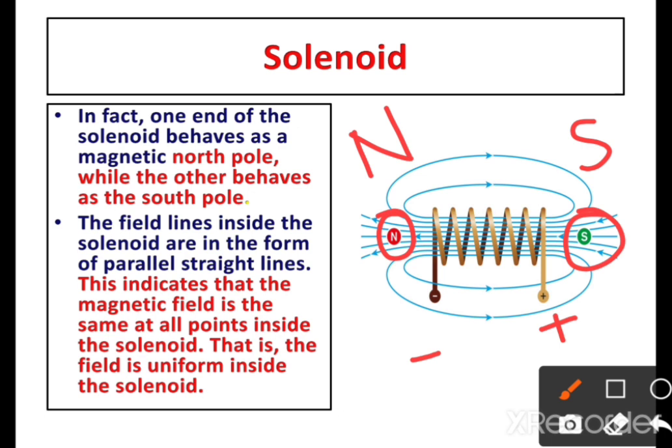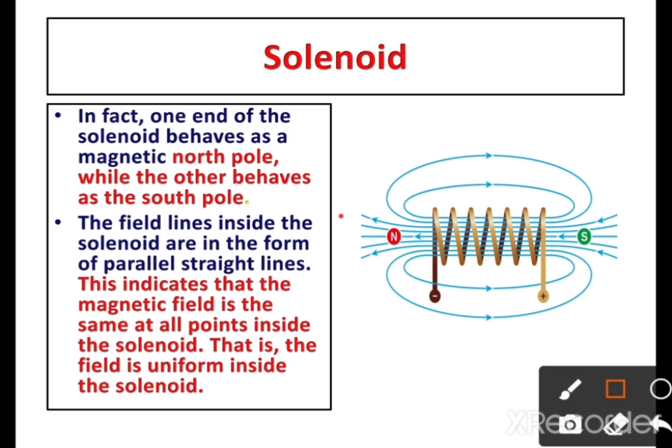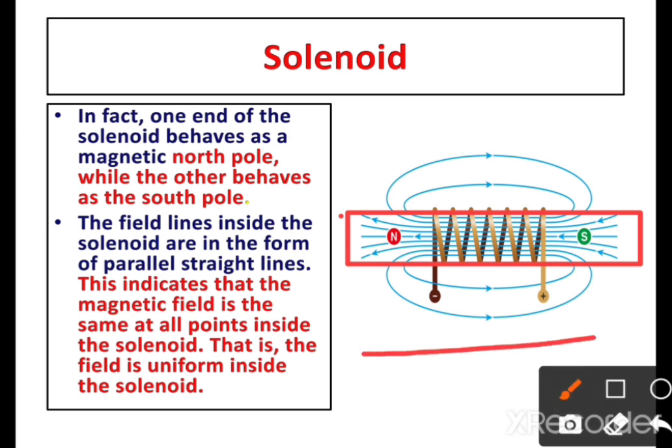The field lines inside the solenoid are in the form of parallel straight lines. But see, for inside of the solenoid, the field lines are straight and parallel to each other. This indicates that the magnetic field is the same at all points inside the solenoid.